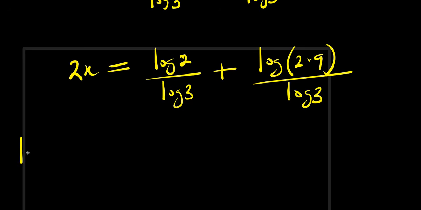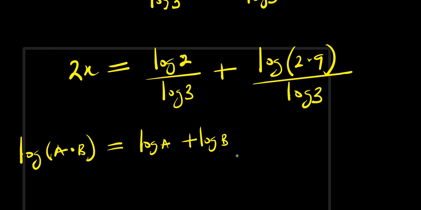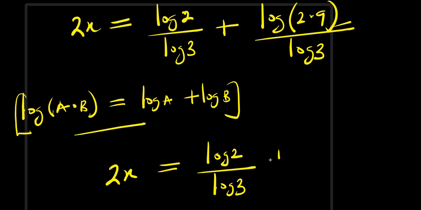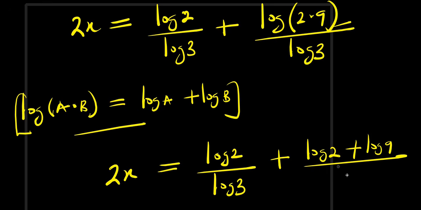So if you have log a times b equals log a plus log b, applying this right here, we have 2x equals log 2 divided by log 3 plus log 2 plus log 9 divided by log 3.